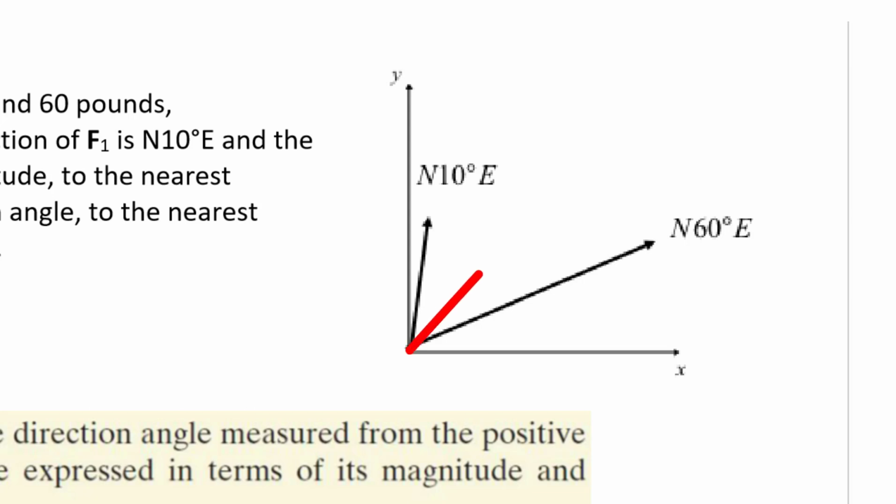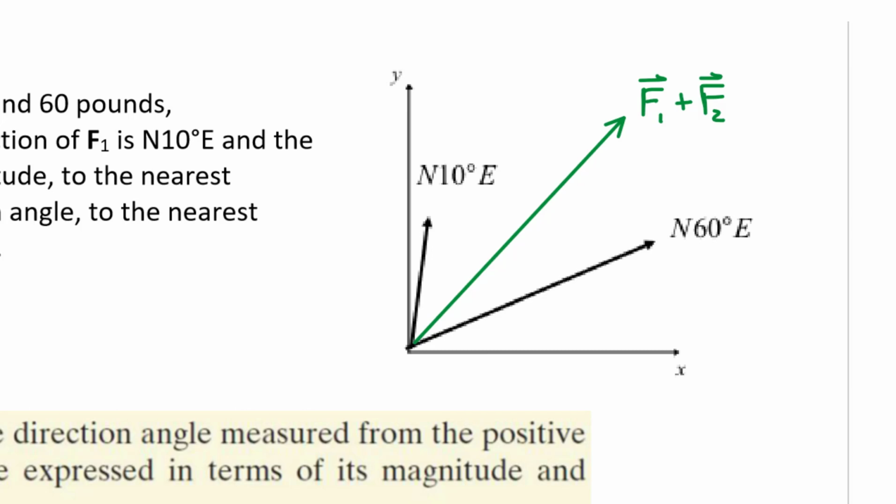We want to find the magnitude to the nearest hundredth of a pound and the direction angle to the nearest tenth of a degree of the resultant force. Finding the resultant force is the same as finding the sum of the two vectors, but we need to write the two vectors in the form of something times i plus something times j.